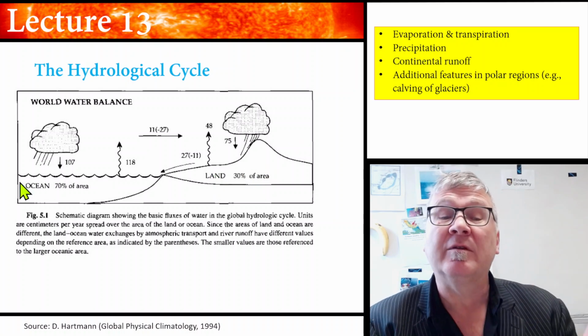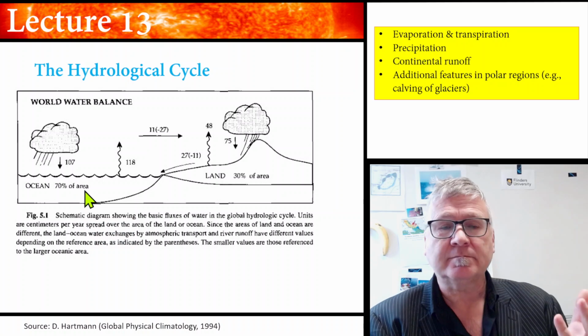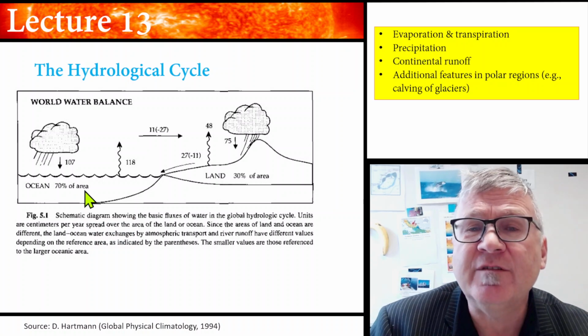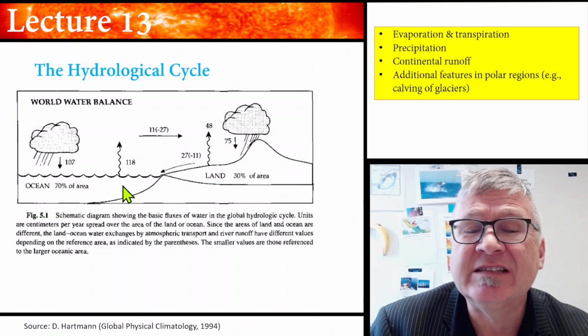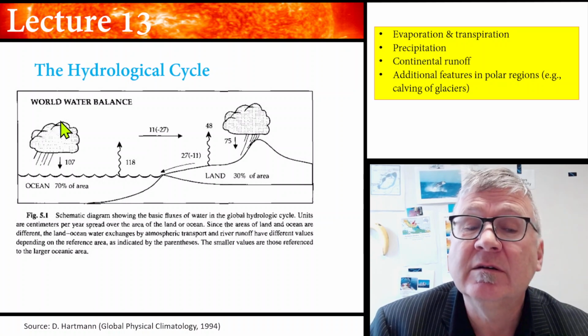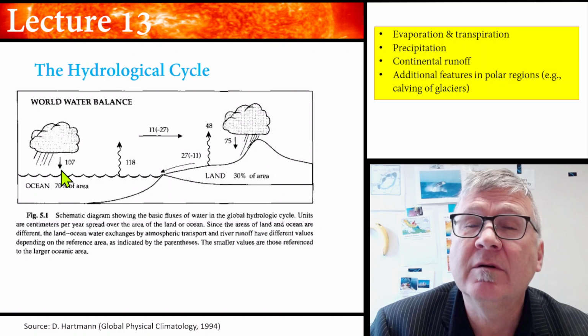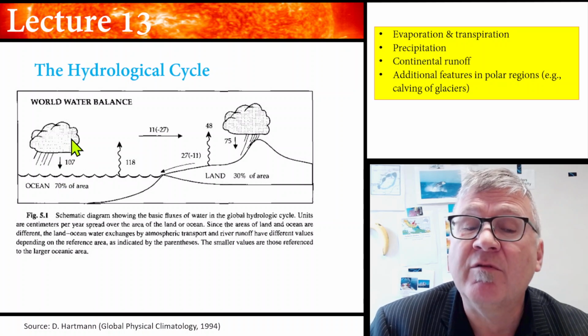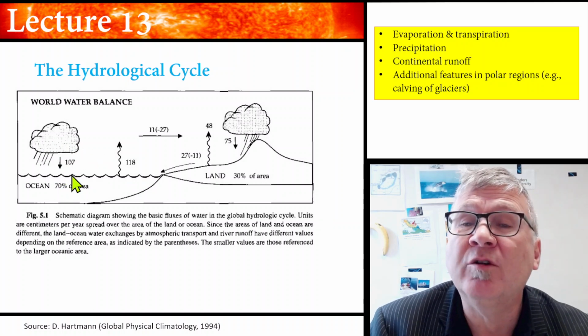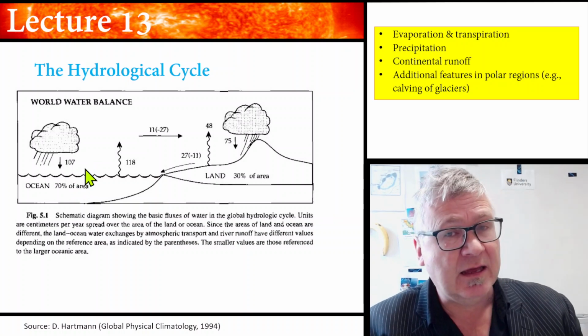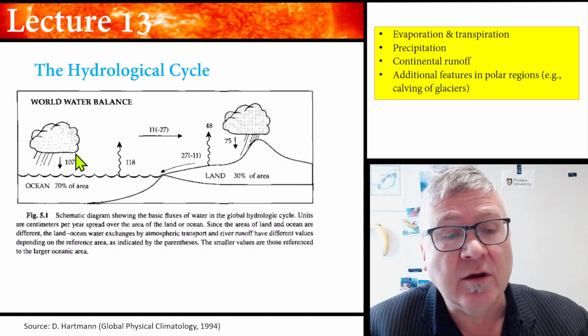So let's start with the oceans, the surface water balance in terms of fluxes. The oceans receive 107 centimeters of rainfall if you spread the rain over the surface of the oceans, not the entire land, only the oceans.